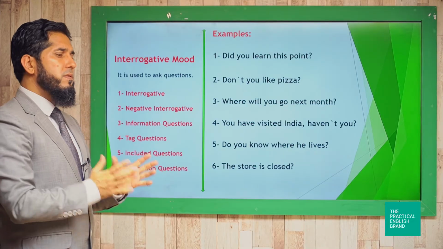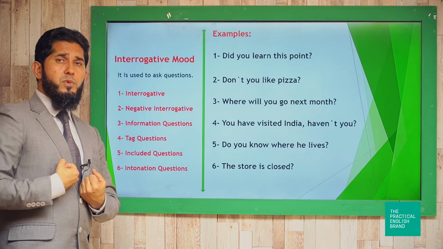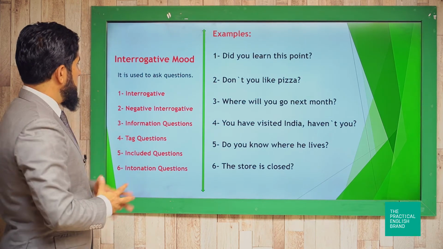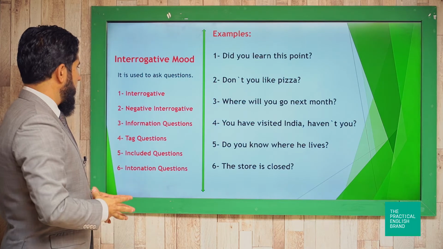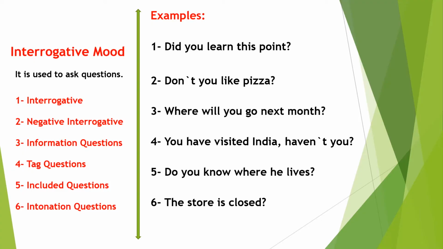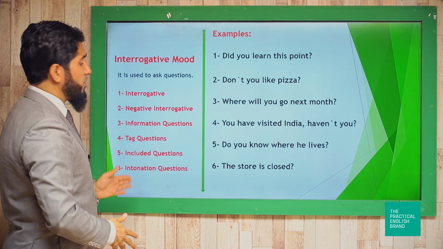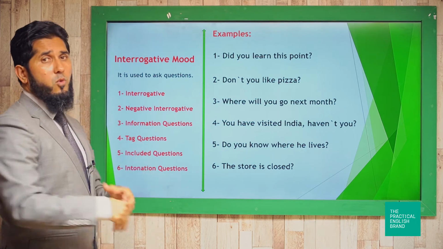So obviously we have different forms of questions, and according to my information, we can put all of these types of questions: interrogative, like yes/no questions, negative interrogative, okay. We can also put information questions under this category, and tag questions, and also included questions, and intonation questions. For each form of these questions, I brought one example.